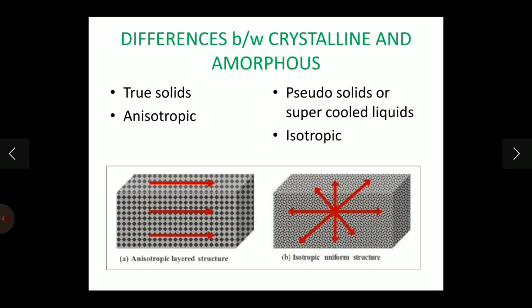But amorphous solids won't show a sharp melting point. Instead, they show a temperature range, for example melting from 120 to 180. You cannot pinpoint a particular temperature. That is why they are called pseudo solids, false solids, or otherwise supercooled liquids.